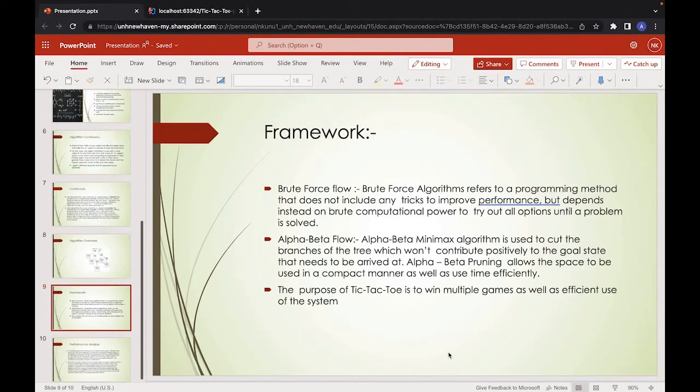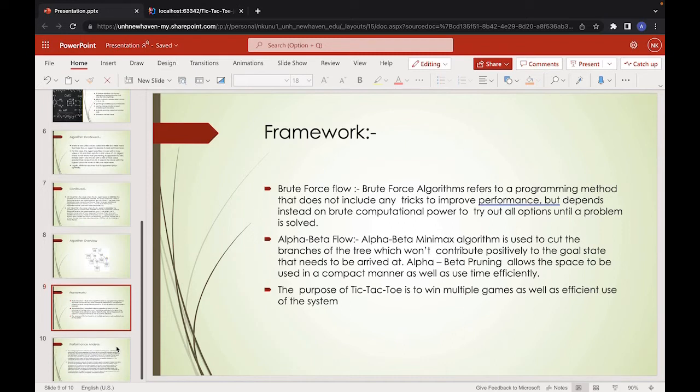Like my friends said, we can do it in brute force, and also alpha beta flow. But since brute force tries out all the options until an optimal solution is reached, it is not the best way to do it. But we can use alpha beta pruning, which eliminates all the possible paths based on a goal state. Like if we reach a condition, it is not going to go forward with all the other options, because we know that the rest of the options are not going to be optimal.